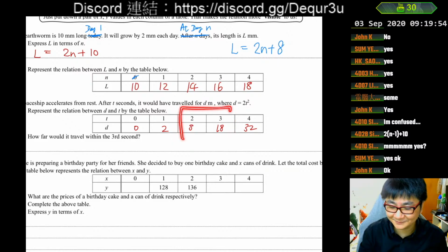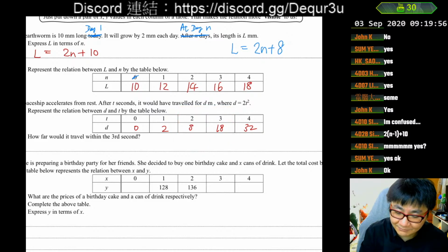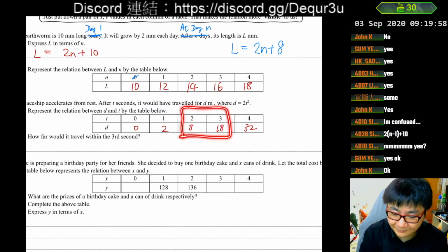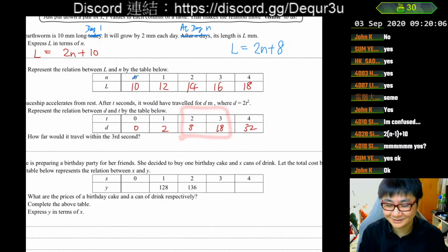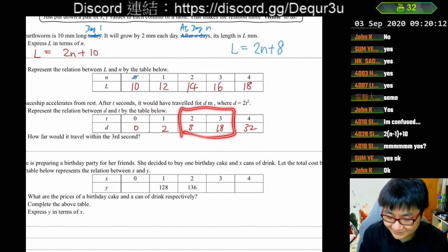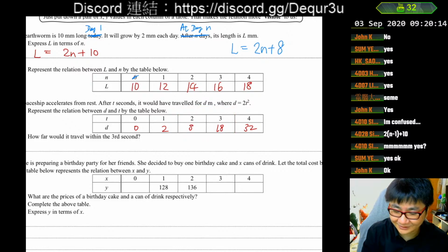The third second is from the second second to the third second. Therefore, how much has it traveled? It is from the position of 8 meters to the position of 18 meters.